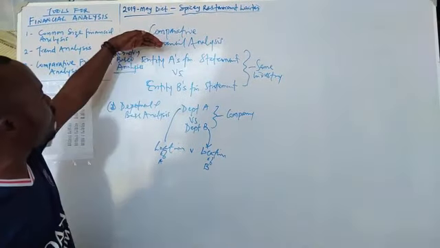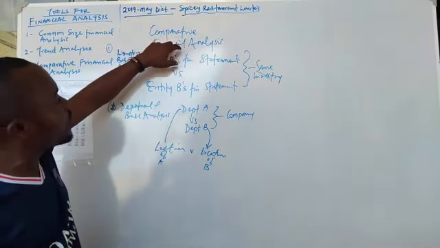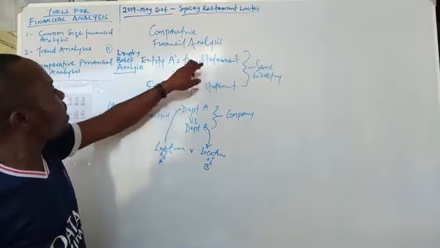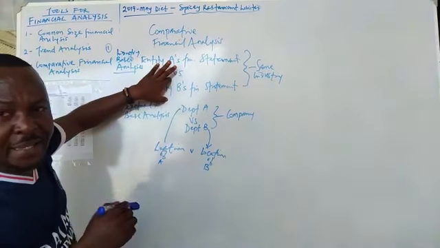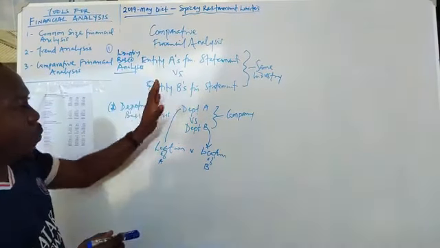The same thing is applicable to entities. The entity's location must have the same features as entity B's location. I hope this is clear.